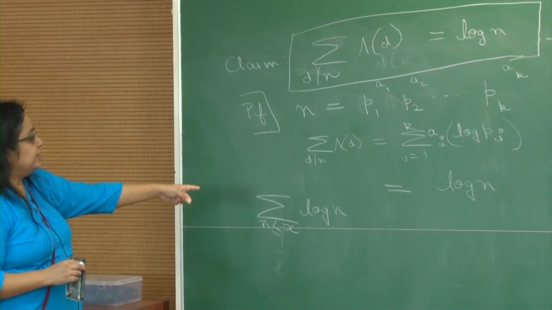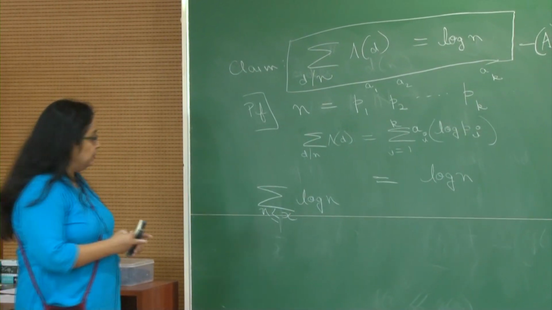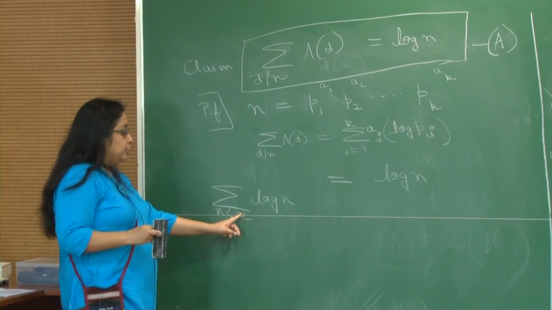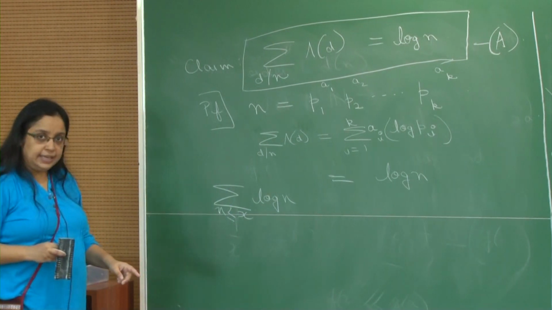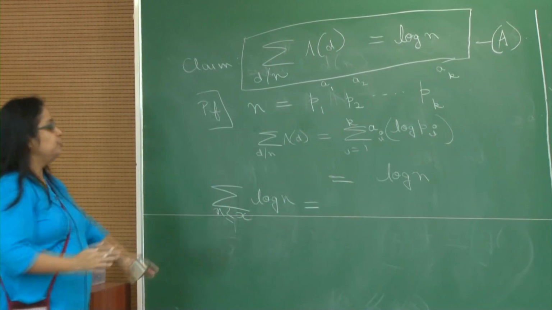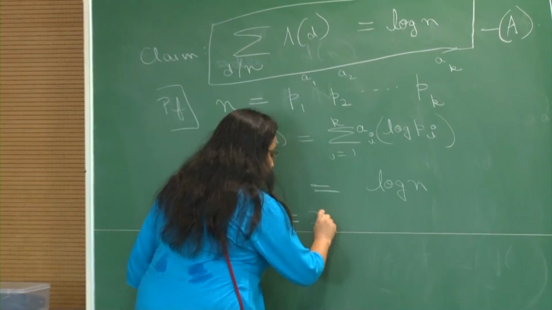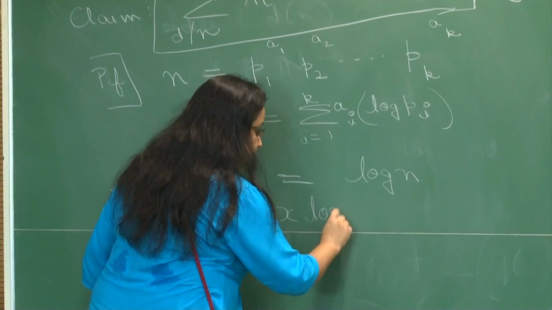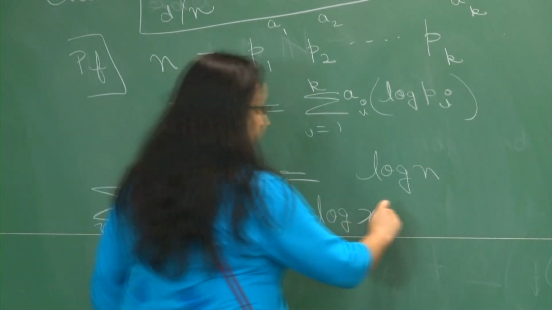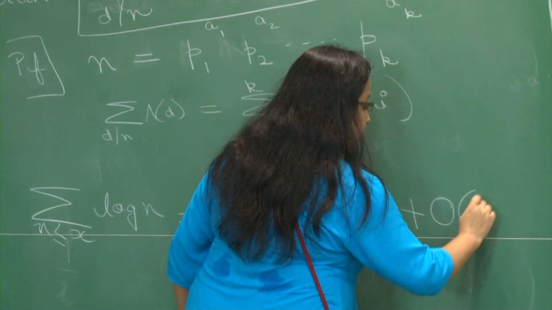You can automatically apply your partial summation technique, which will compare this sum with the integral from 1 to x of log t dt, and with the use of partial summation as we had stated it last time, you can verify that this turns out to be equal to x log x minus x plus O of 1.